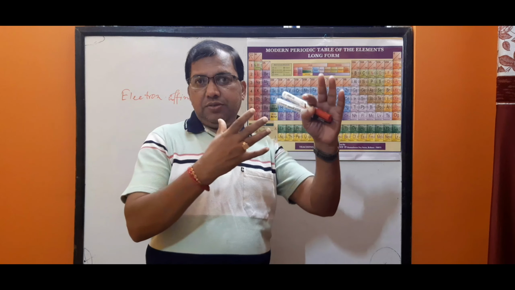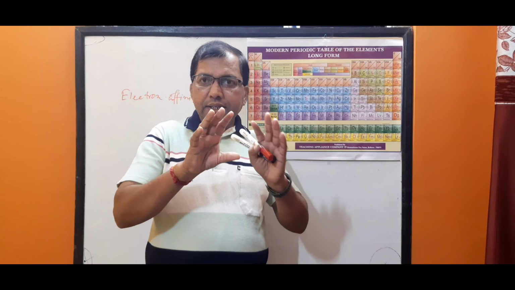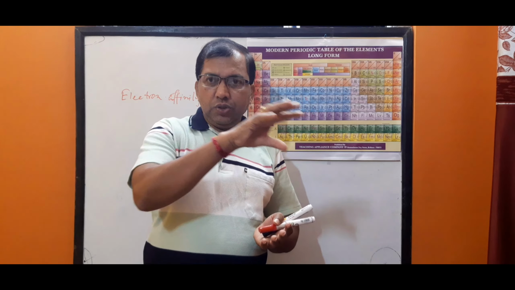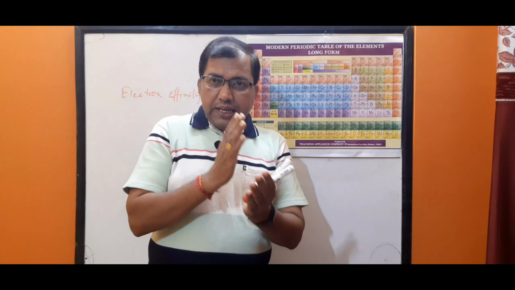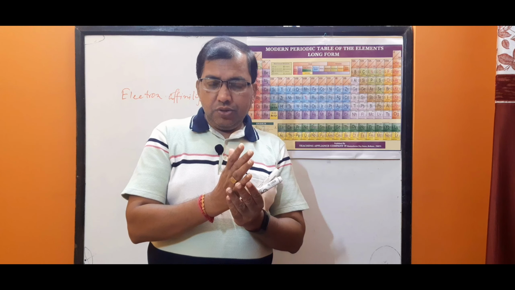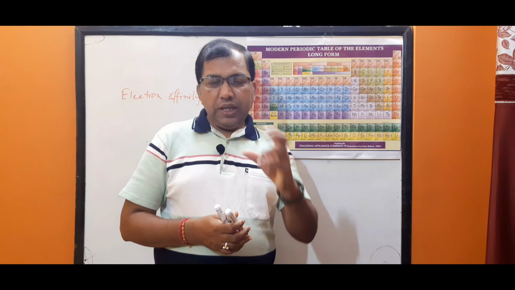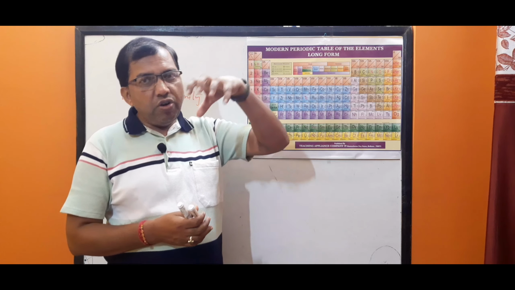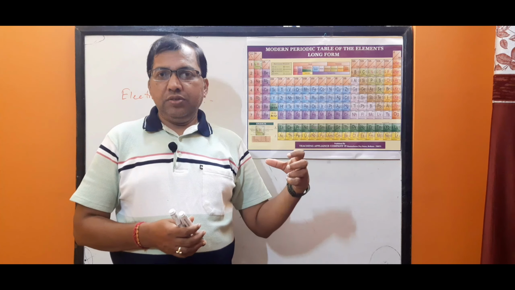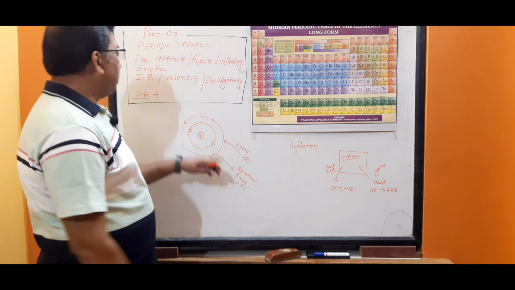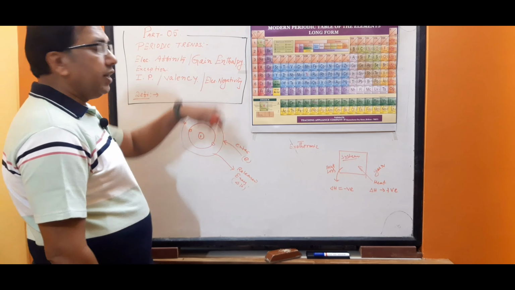We have to enter an electron in the last shell, and for that the energy has to be released. That is the energy change taking place when an isolated gaseous atom accepts an electron to form a gaseous anion. So this is the energy released to enter an electron. This is known as the electron affinity or electron gain enthalpy.